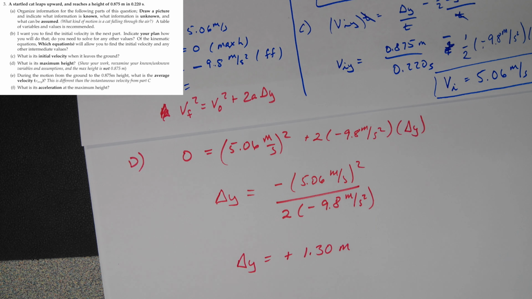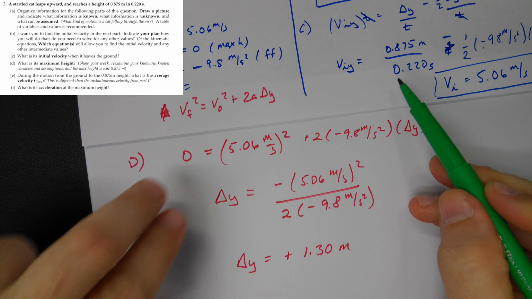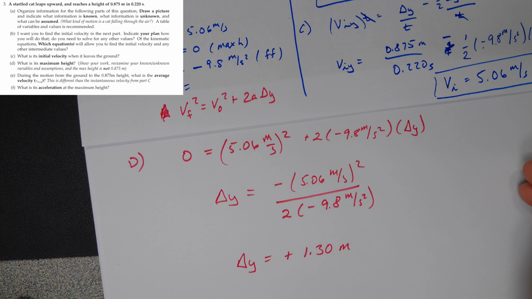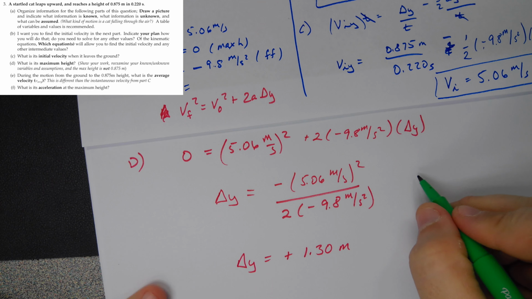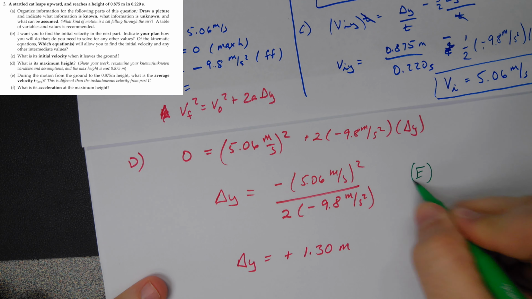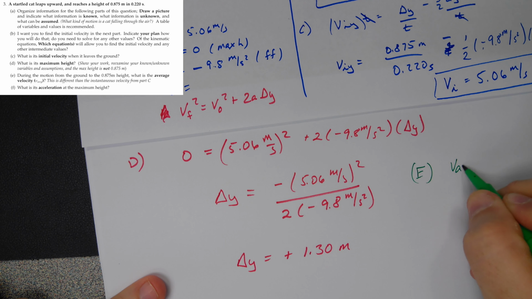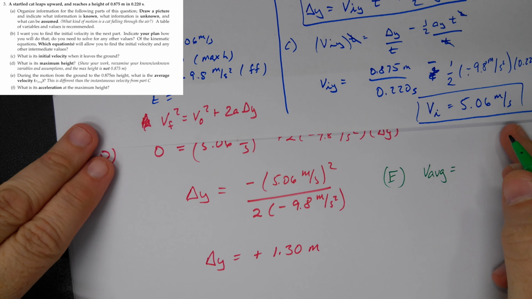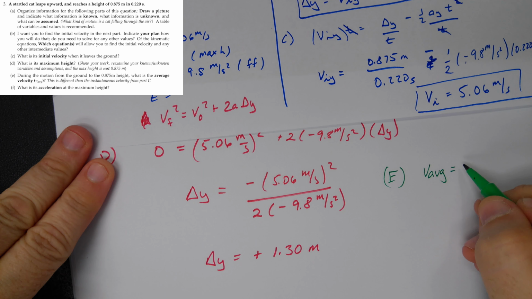All right. Part E. There's an average velocity. Remember I said what this average velocity was up here? I said, hey, this is the average velocity and this is a correction term. So we can find that. The definition of average velocity is that it is the total distance covered over the time.